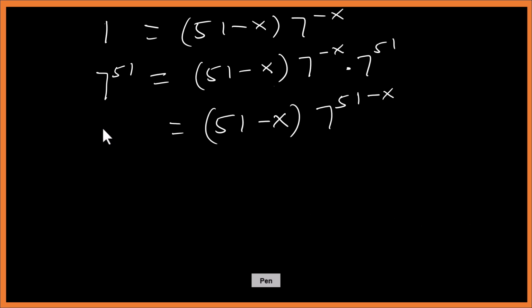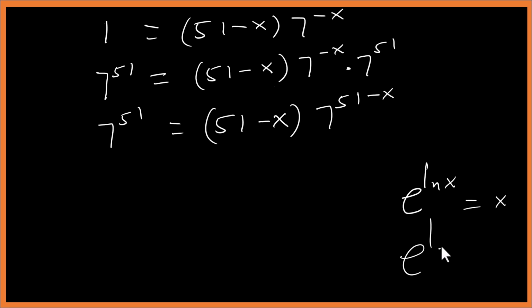And this side will also bear the 51. Now when we're given e raised to ln of, let's say, x, the answer is still x. It will be easier to apply the Lambert W function if we apply e raised to ln of something here. So e raised to ln of p is p.